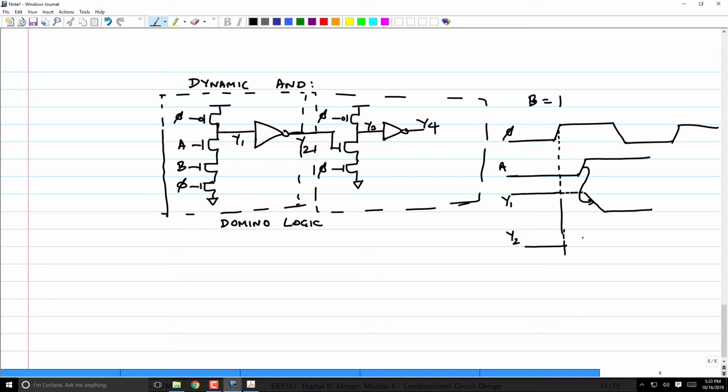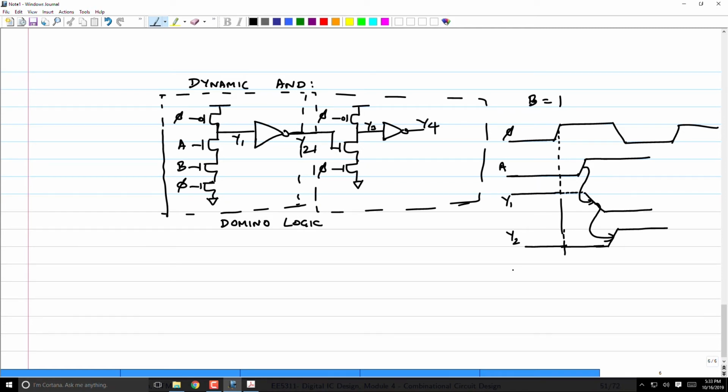It is driven. So Y2, because it's the output of a static CMOS inverter, will never float. So this will basically be 0 till here. When Y1 falls, this will rise. This will cause the transition. Right?